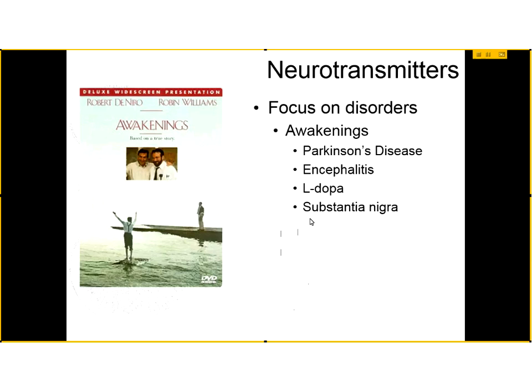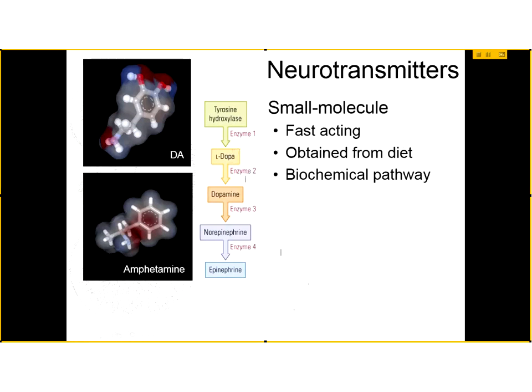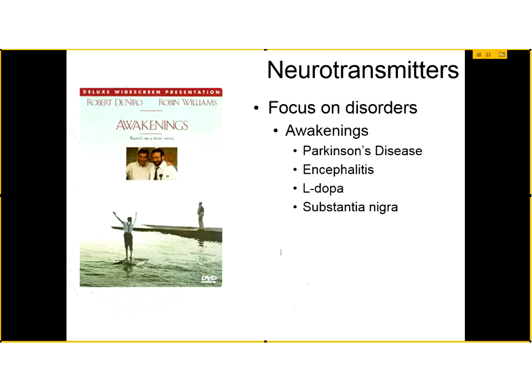The movie depicts them receiving a treatment, L-DOPA. If you remember, L-DOPA is that second stage here, so we're increasing L-DOPA, giving them part of this biochemical pathway. That translates to potentially more dopamine, and that would allow for more communication within the basal ganglia, overcoming some of that degeneration of those neurons.